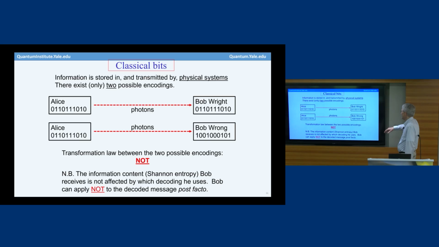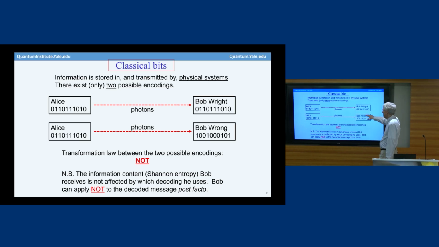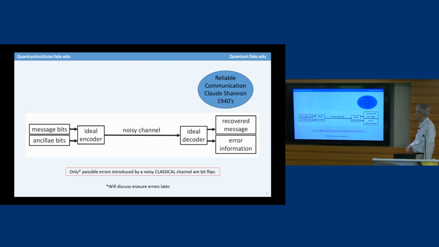Now, what's interesting is that because there are these two choices, and only two, there's really only one kind of error, bit flip. Now we're going to get to your question about what's a noisy channel. Basically, a noisy channel is one in which Alice sends a 0 and sometimes Bob receives it as a 1 incorrectly. It could be because something happened in the channel, or maybe his receiver has some noise.